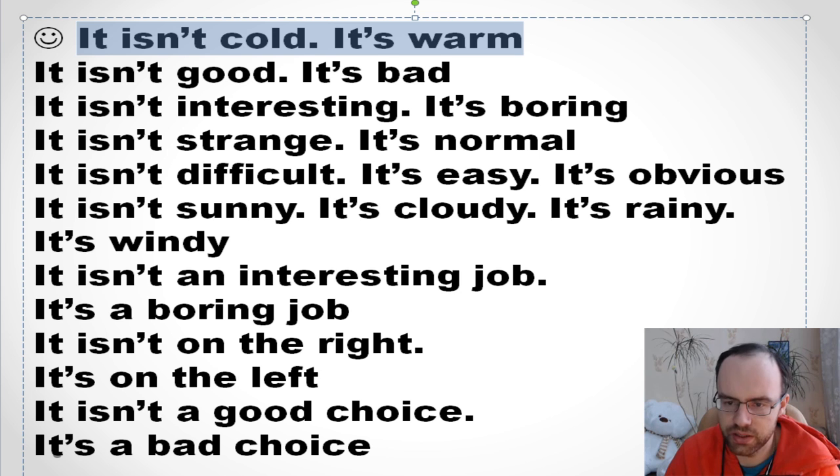It isn't sunny, it's cloudy, it's rainy, it's windy. It isn't an interesting job, it's a boring job. It isn't on the right, it's on the left. It isn't a good choice, it's a bad choice.